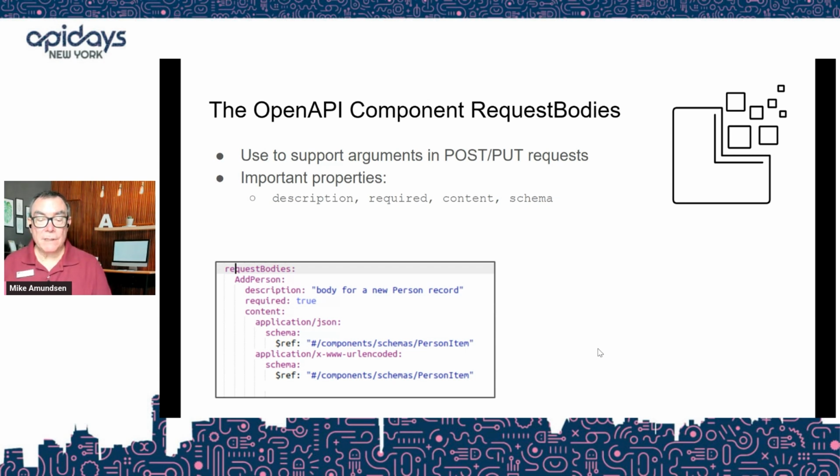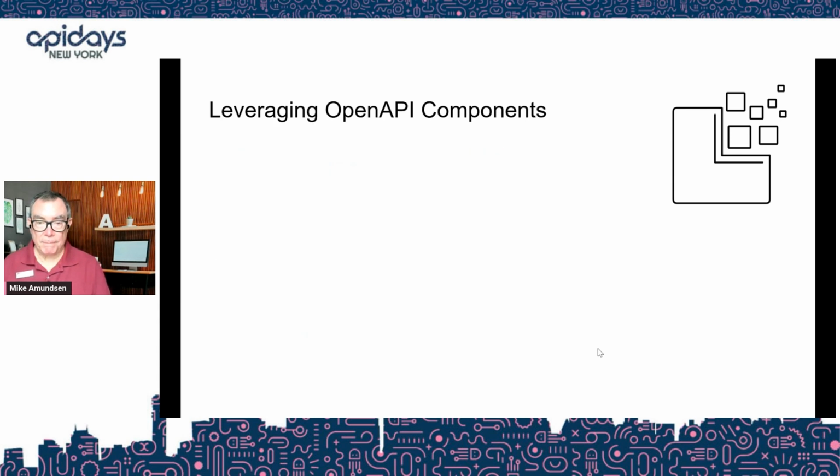Notice that I'm referencing schema in two different locations because this particular request body could be sent as application JSON or as a URL encoded form information. They both use the same object, the person object, but they use different formats on the bodies. And that's how I account for that as well. Now that means you can support more than one content element, which is really, really important in flexible APIs.